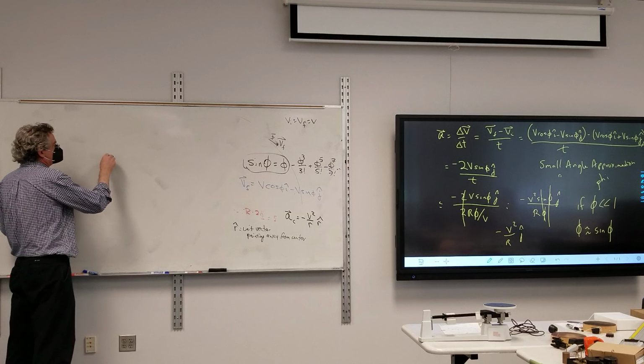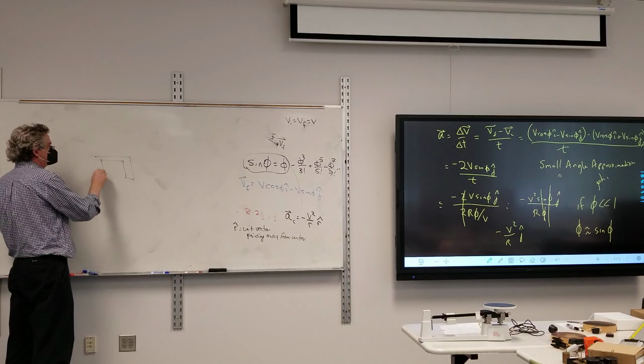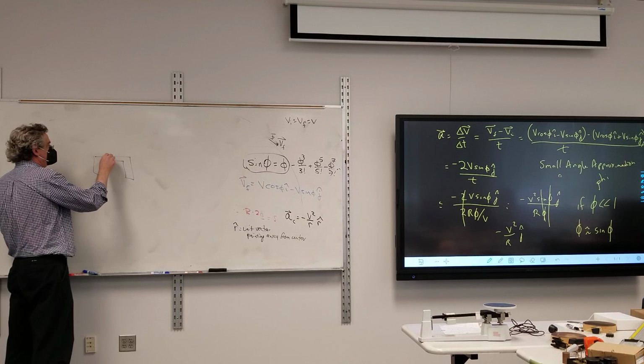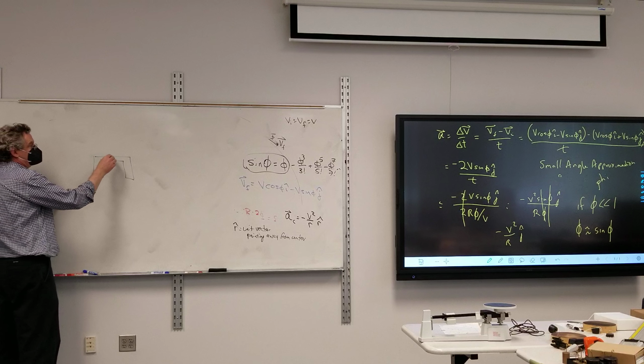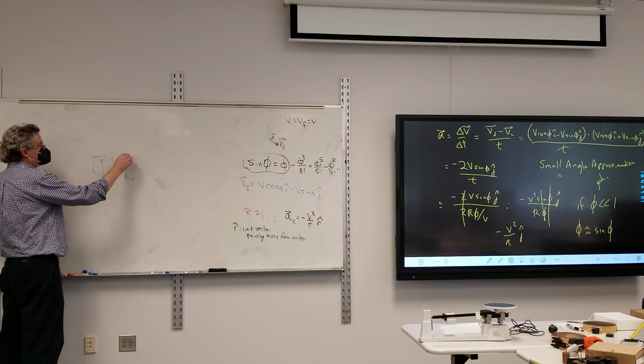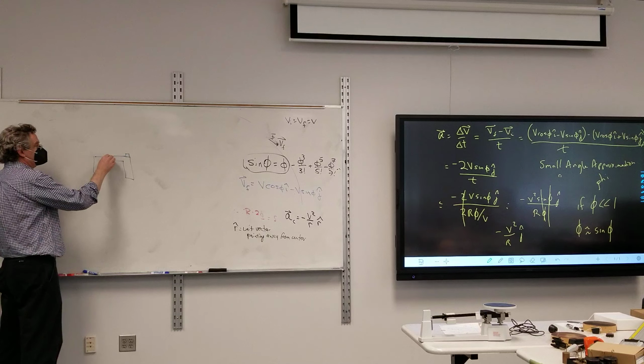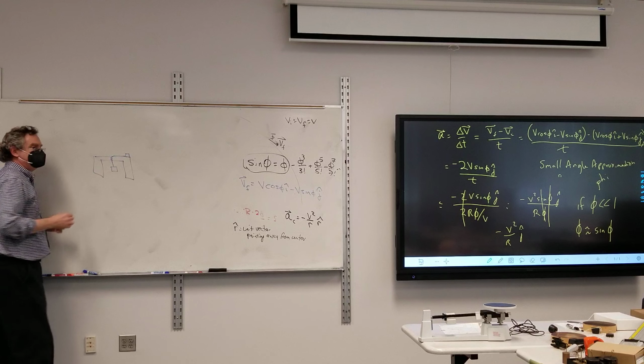So let's set up a situation where I have a table with a hole in the middle. This is a sort of side x-ray view. I've got a mass sitting right here, attached to a string. The string comes down and is attached to another mass.